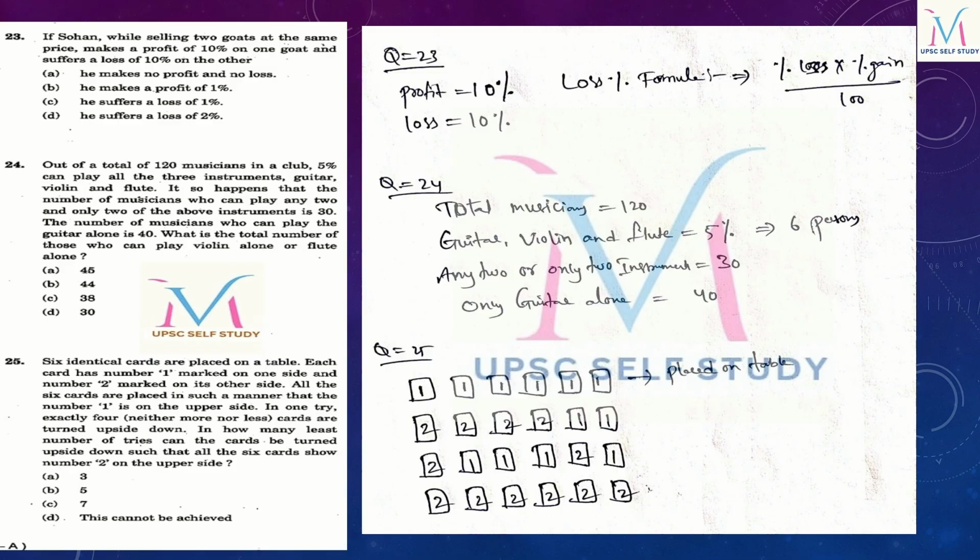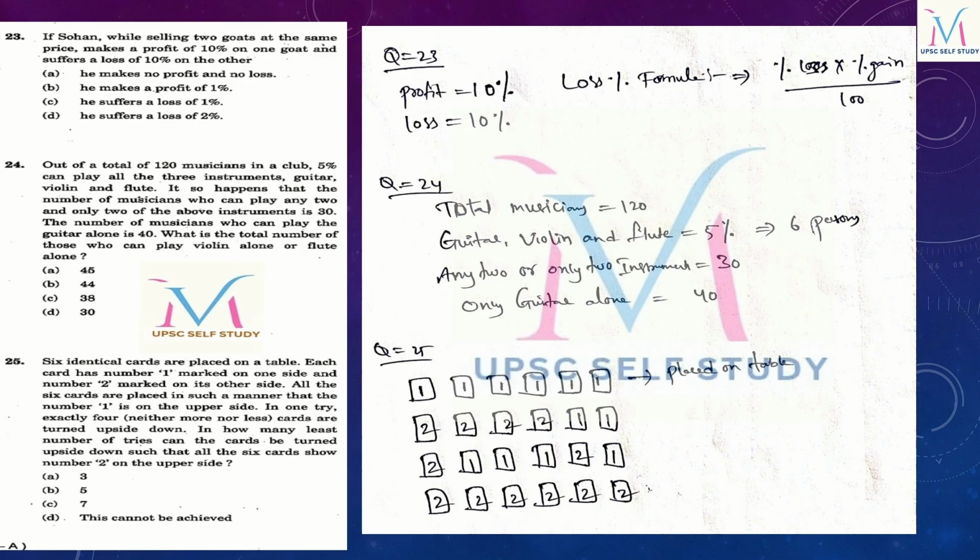So from the statements, if the profit and loss percentage on two different items is equal, then it will be a loss. So this is a simple way to understand that if the profit and loss percentage on two different items is equal, then it will always be a loss.